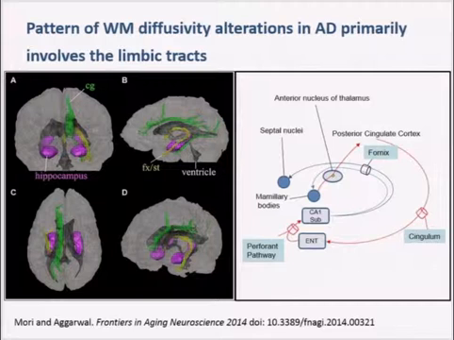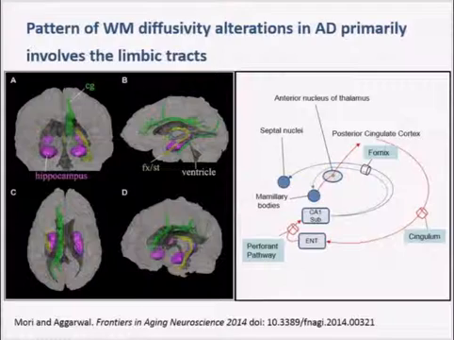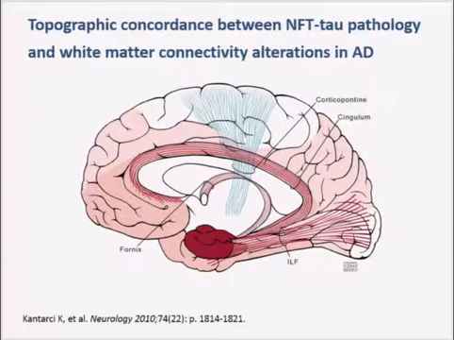Now we will be looking at these tracts more closely and their relationship to tau imaging in the next few slides. So why these tracts might be important in the course of Alzheimer's disease is something we can understand from this figure, which was modified from the Braak and Braak neurofibrillary tangle staging of Alzheimer's disease.